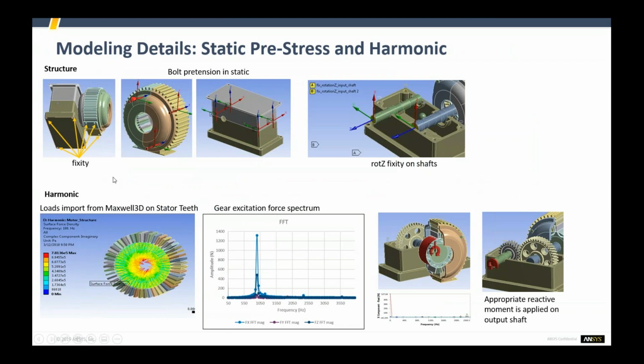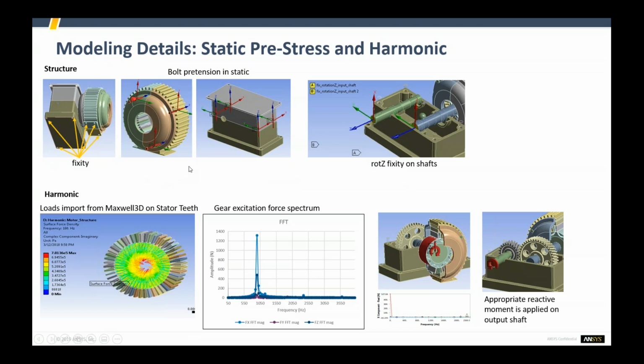For some of the modeling details, we have fixity on certain points, both pretension and static, and Rot Z fixity on the shafts, so it's rotating around the Z axis. That's for the structure.